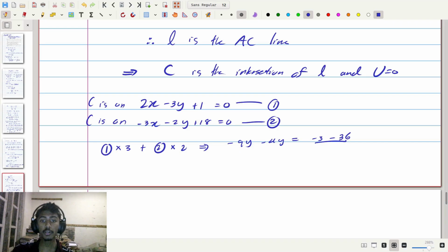So from that, the total on this side is minus 39, and the total on the other side is minus 13y.